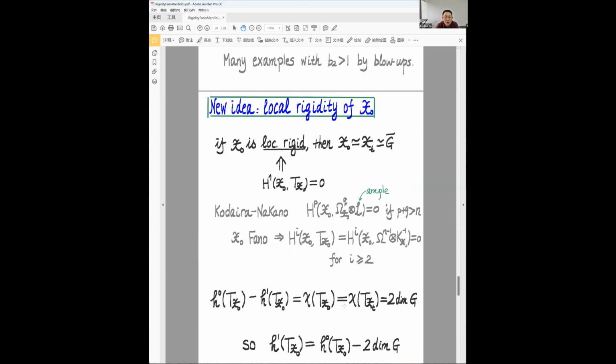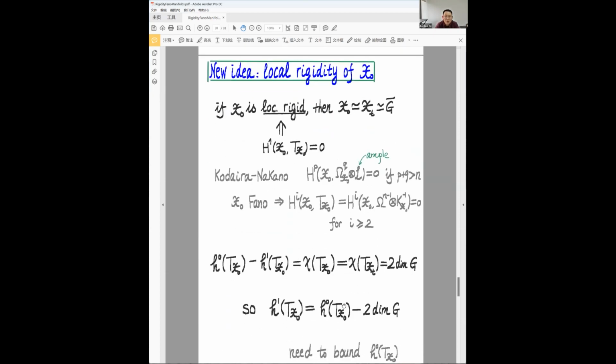So what's the key difference between this approach and Hwang and Mok's approach? In fact, the new idea is that we cannot recognize the central fiber by its VMRT, but we can compute the first cohomology of the tangent bundle and try to show the central fiber itself, X0, is locally rigid.